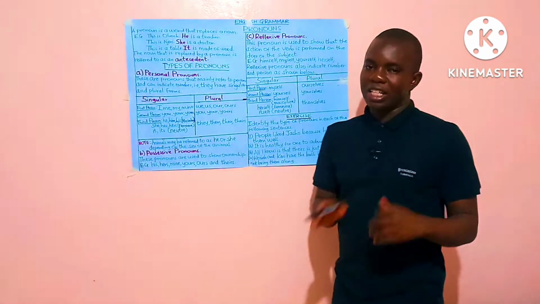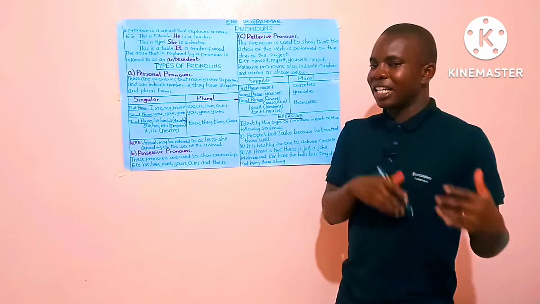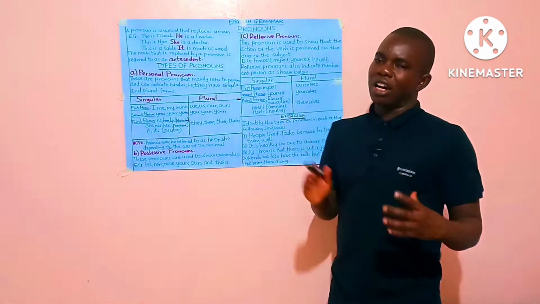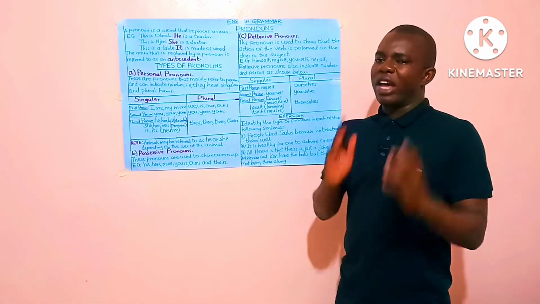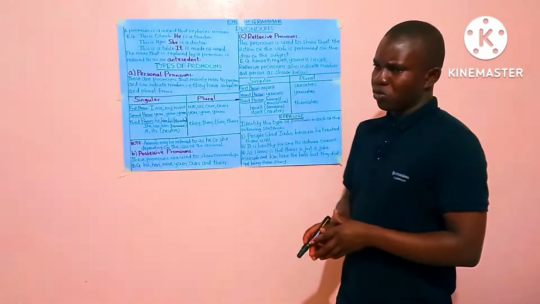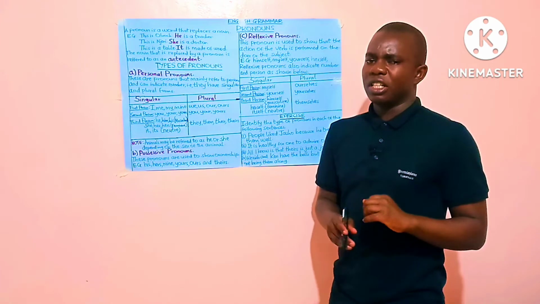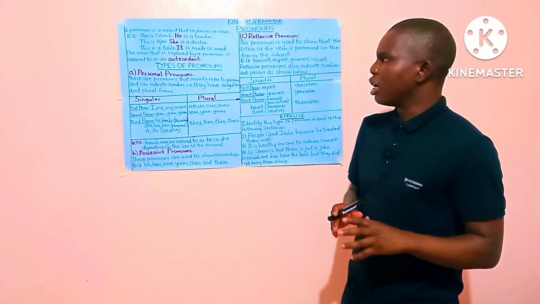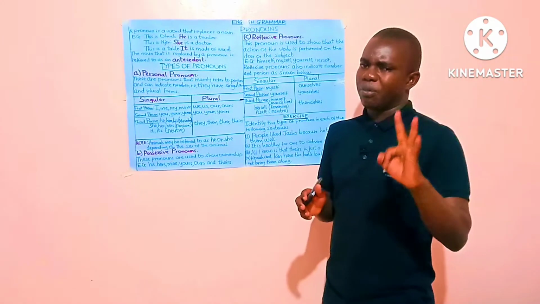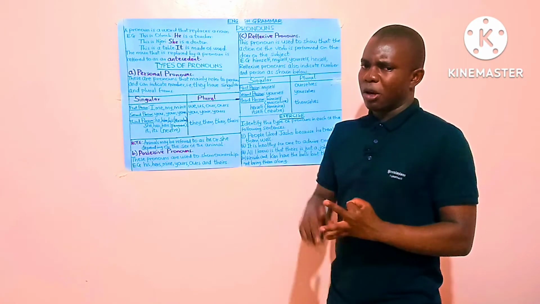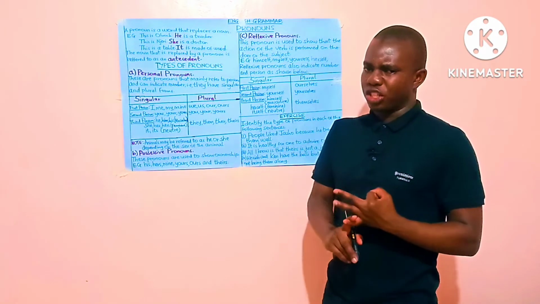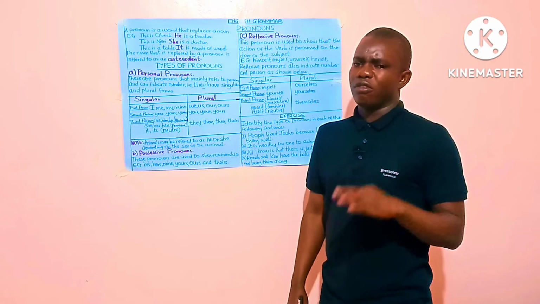All three, that is himself, herself, and itself, have themselves as their plural form. That is the information we have on the three types of pronouns: personal pronouns, possessive pronouns, and reflexive pronouns.